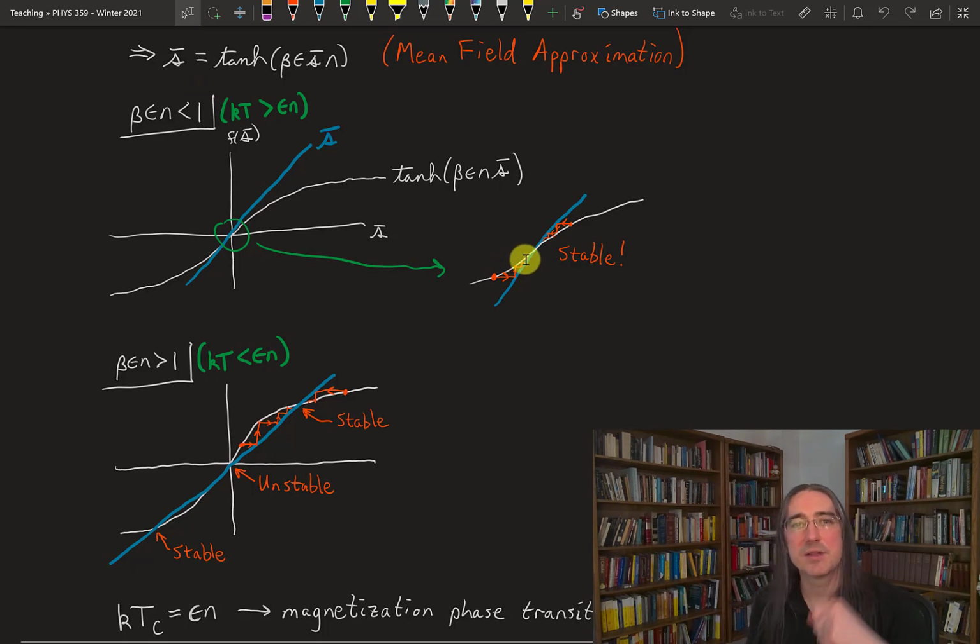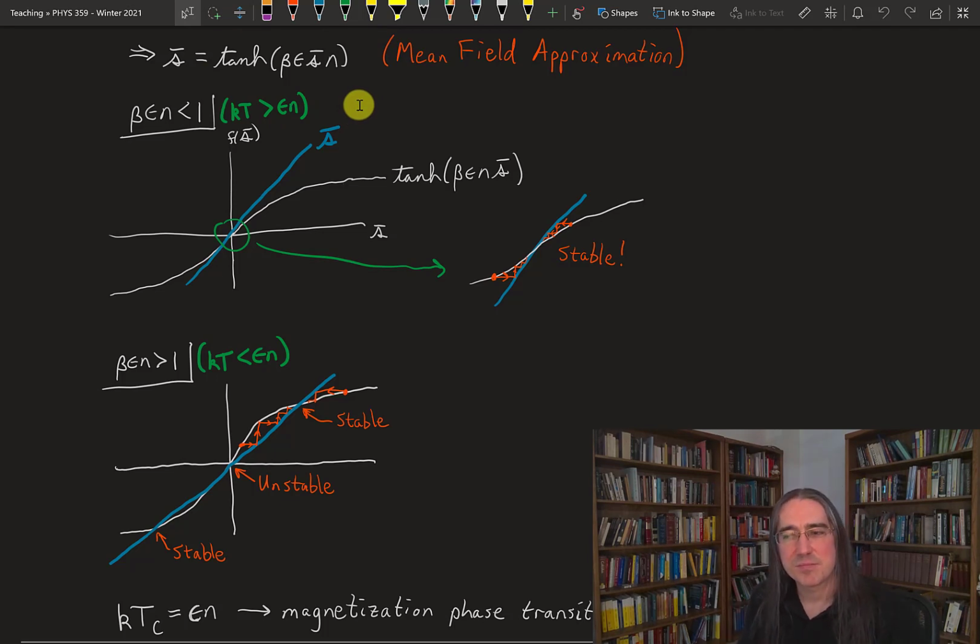We're just iterating this, saying it fluctuated away, but in the next moment it's going to update to this value. And if it's updated to this value, then we should take tanh of that stuff. So going over here means we're taking this thing, making it our new S bar. Going back up to the tanh curve means we're plugging our new S bar into here to get a new value. So we're updating our S bar.